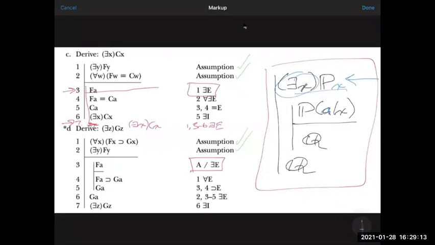So A would be the one in this case. By the way, A literally is the one we're using if you look at number 3. And then you go from that assumption to some desired sentence Q, then you end the subderivation, and then you rewrite Q back on the main scope. So that is, in a nutshell, existential elimination.